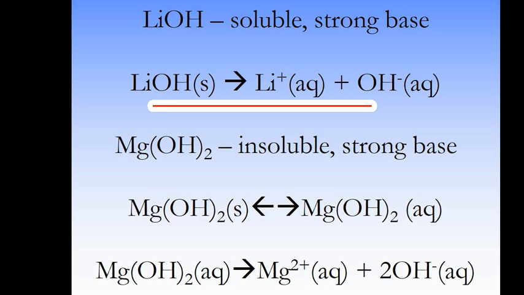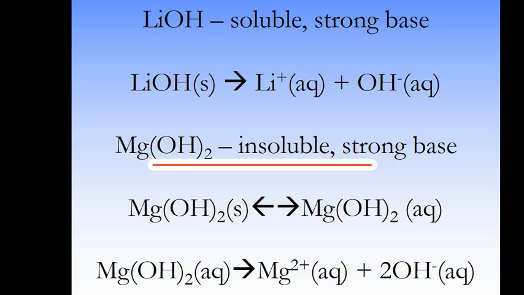That's meant to represent that the solid lithium hydroxide completely dissolves, and every piece of it that dissolves completely dissociates. The complete dissociation makes it a strong base. The fact that pretty much all of the lithium hydroxide that you put in water dissolves makes it soluble.